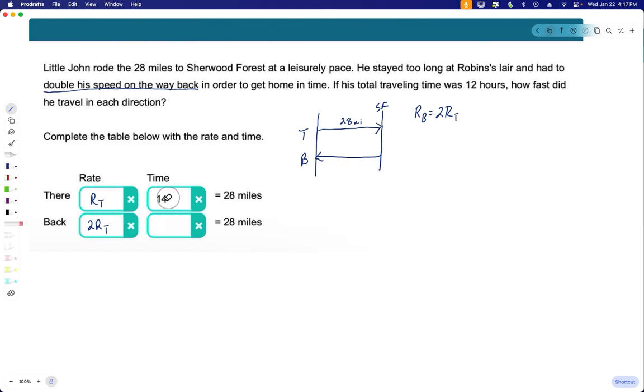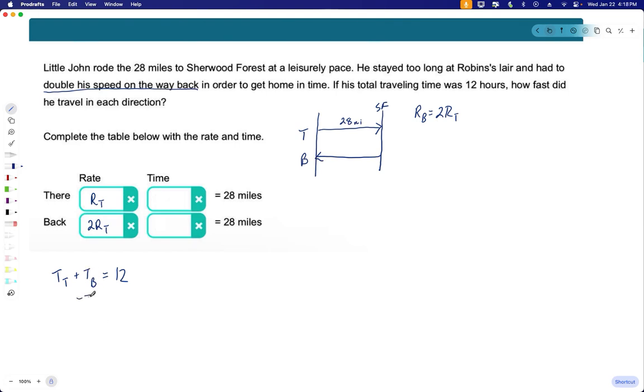Our time there, we don't know what that is. And we don't know what the time back is, but we do know that the time there plus the time back is equal to 12 hours. The total time is 12 hours.